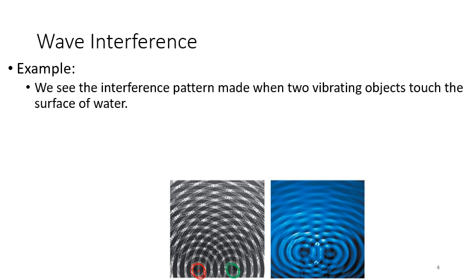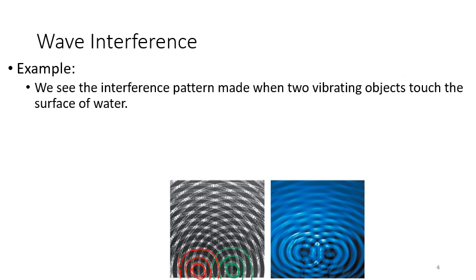The first one creates wave fronts like this, and the second one creates wave fronts like this. These circles are wave fronts created by each object which touches the water. You can make these wave fronts circular like this, so you can see the pattern here.